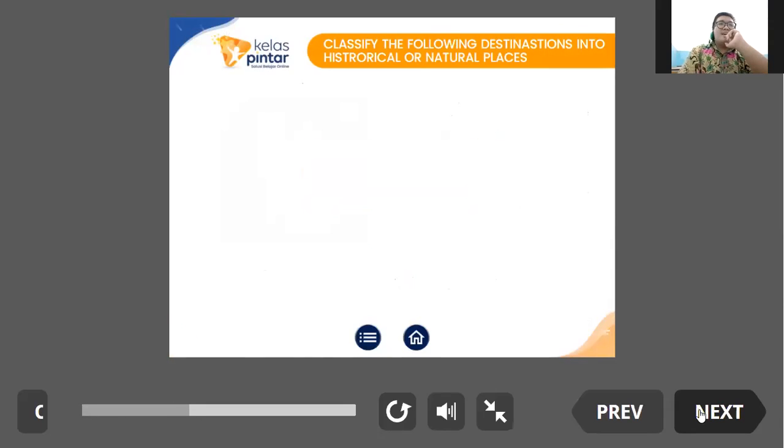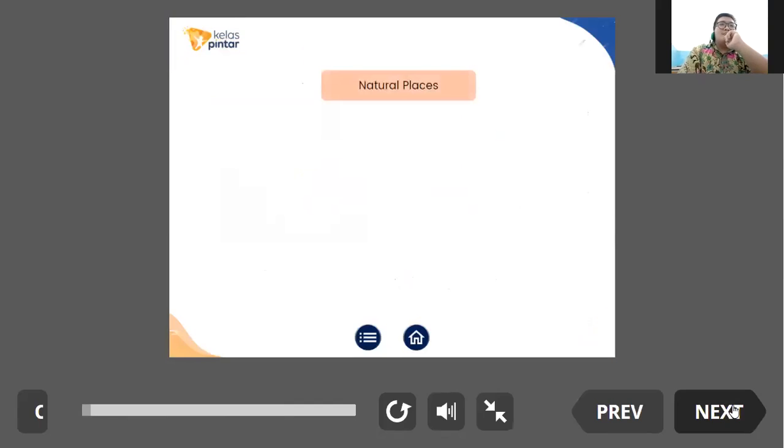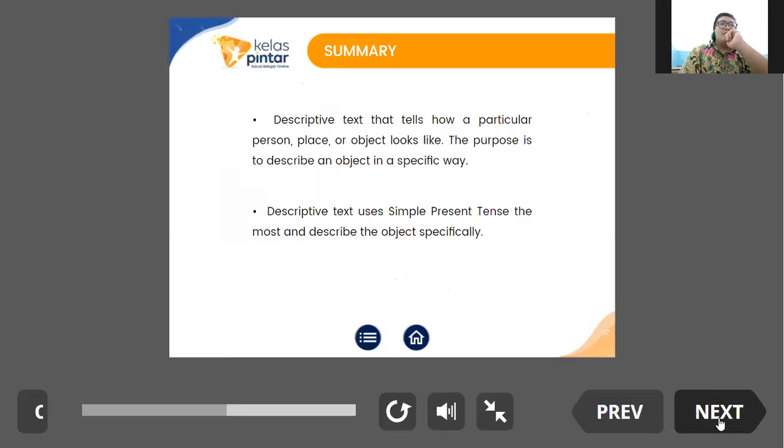So usually it explains the particular person, place, or object, what it looks like, menggambarkan tentang bagaimana gambaran atau penampakan orang tertentu, tempat tertentu, atau benda tertentu.